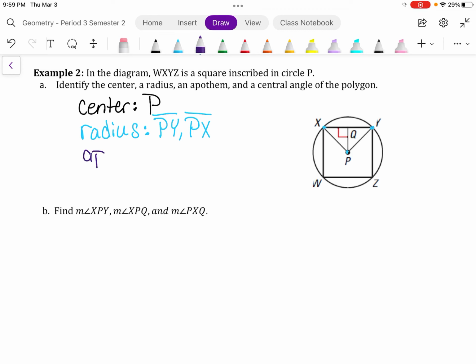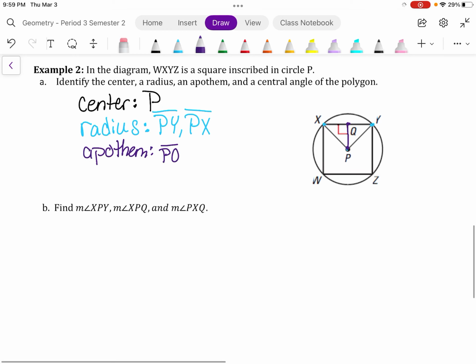Next, we are going to name an apothem, which remember is from the center perpendicular to one of the side lengths. So that one would be PQ. And then we're going to name a central angle. And remember, when you name an angle, you use the angle symbol.